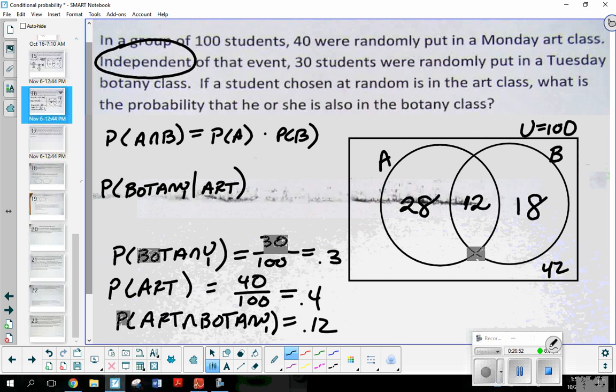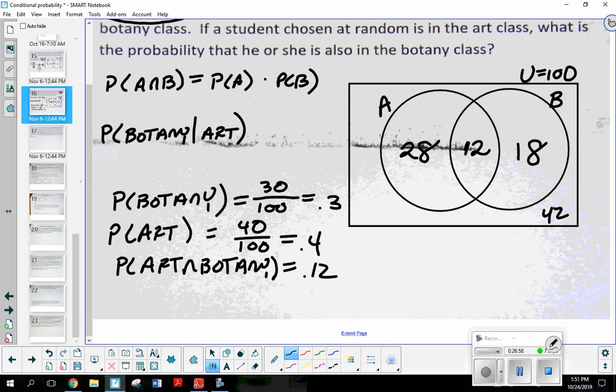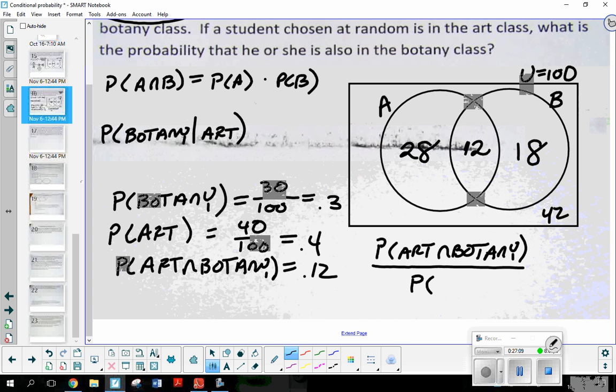Okay. Well, now from here, we really have everything we need to answer the question. So if I wanted to take care of this right here, we would take the probability of art intersecting botany and divide it by the probability of what? Botany or art? Art. Okay.